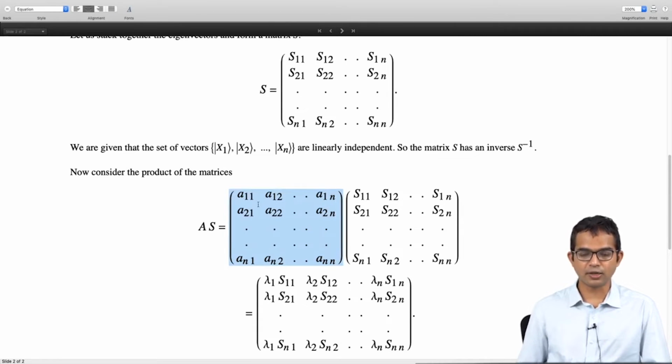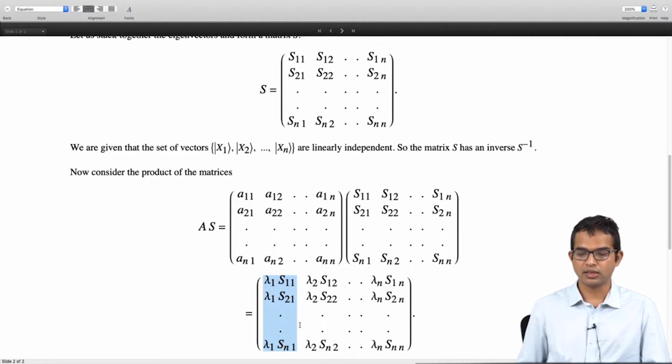What is the effect of multiplying A with the first column vector? It's really A acting on x1, so that should give me lambda 1 x1, which I can write as lambda 1 s11, lambda 1 s21, all the way up to lambda 1 sn1.